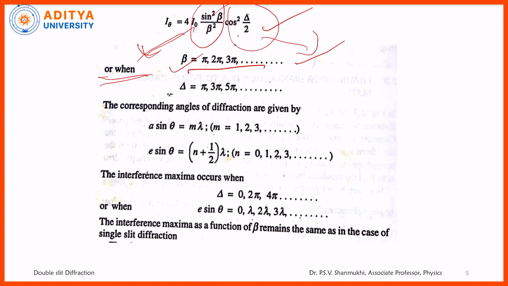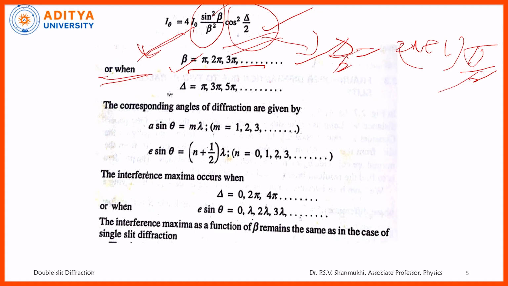In the same way, in case of interference, what are the minima? That means cos delta by 2 must be equal to 0, so delta by 2 is equal to 2n plus 1, pi by 2. Therefore delta is equal to 2n plus 1 pi, where n is equal to 0, 1, 2, 3.